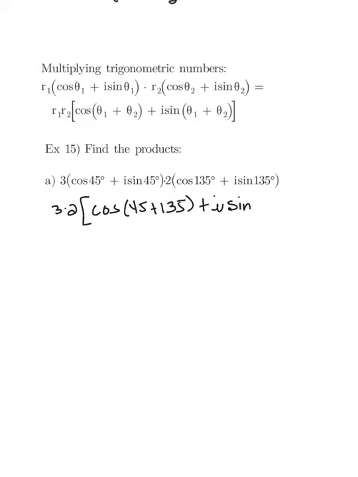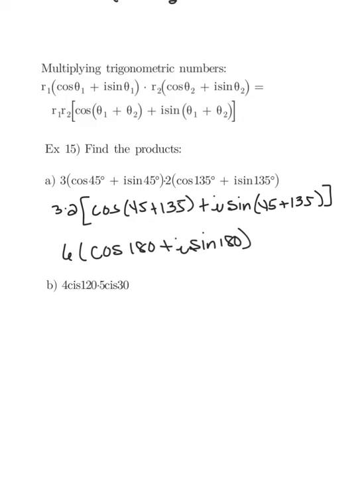Now do the same thing on sine. Add the two angle measures, 45 plus 135. So multiply your r's, you get 6, and then you get the cosine of 180 plus i times the sine of 180.